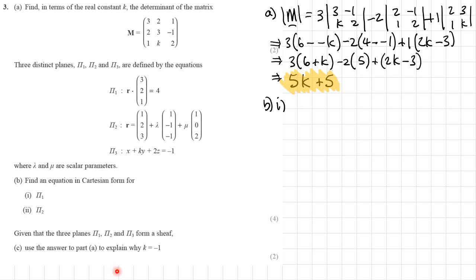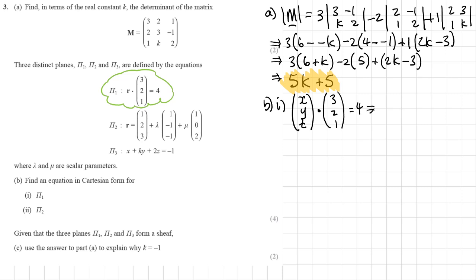First part of part B, we need to find a Cartesian equation for, first of all, plane number 1, pi 1, and then we'll move on and do plane number 2. So the first thing we're going to do with the first plane here is replace r with x, y, z, so a Cartesian point in the plane rather than a vector point in the plane, dot 3, 2, 1 is equal to 4.